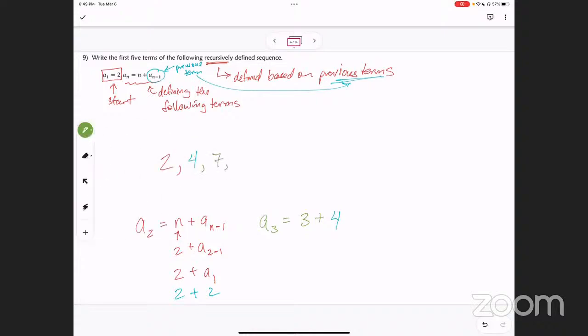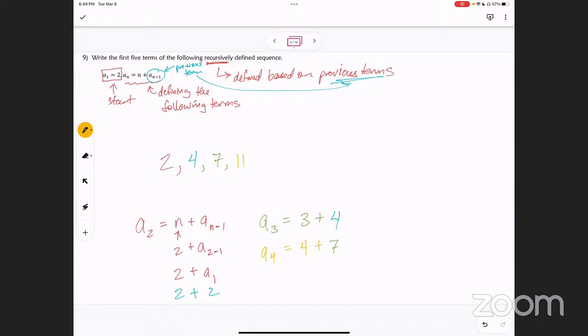Good. And now what's your next term going to be? A sub 4 equals 4 plus the previous term, which was 7. And so your answer is 11.